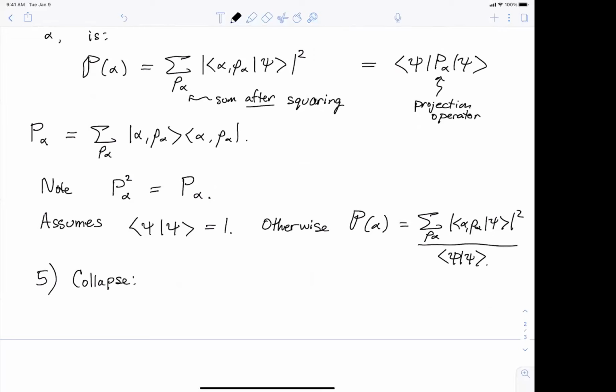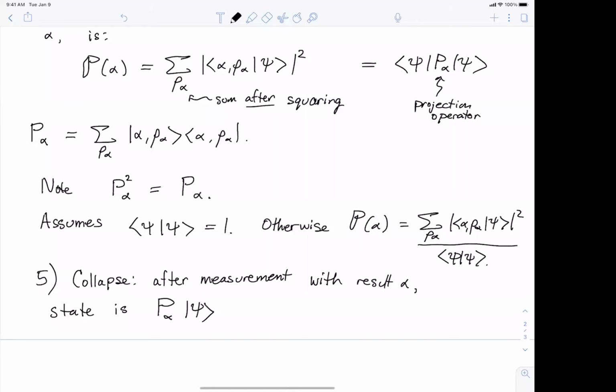The collapse postulate says that after you make a measurement, if you got the result alpha, then the state after the measurement is the projection operator referred to in the previous postulate acting on the state. And that is what is almost always not normalized.